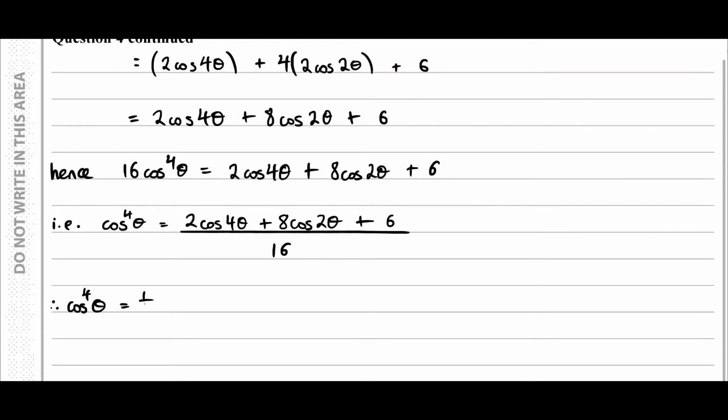We have an eighth lots of cos 4 theta, and then 8 divided by 16, that's a half, and if I take out the eighth, we end up with 4 cos 2 theta, and then 6 over 16, that's 3 over 8, so we have plus 3 inside the brackets. Okay, so hopefully you guys should be clever enough to see these two are equivalent.